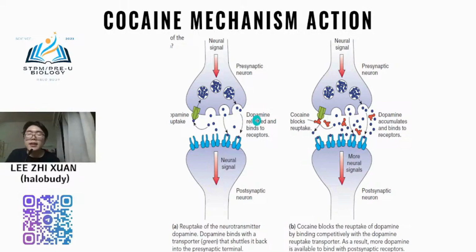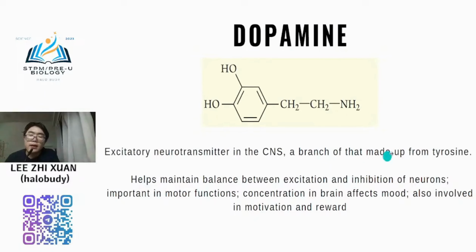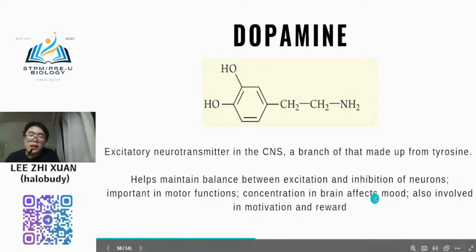So normally, cocaine relates to the neurotransmitter known as dopamine that I already mentioned yesterday. Dopamine plays the role in the stimulation process, and you still remember that dopamine plays the role in memorization, right? Dopamine plays the role in excitation and inhibition, and also brain mood, motivation and reward.